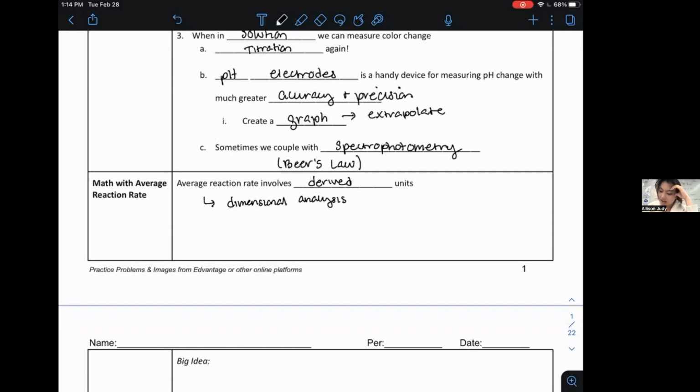And therefore, if you have that ability, you also can partner it with stoichiometry and molar ratios. And of course, that means that you now can predict the amount or change in amount of a given species.